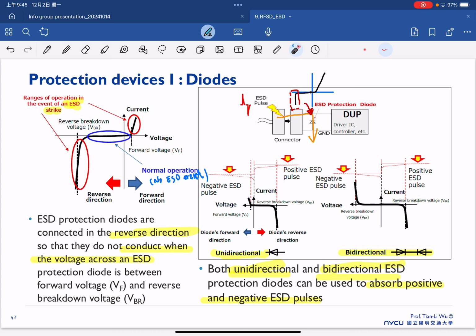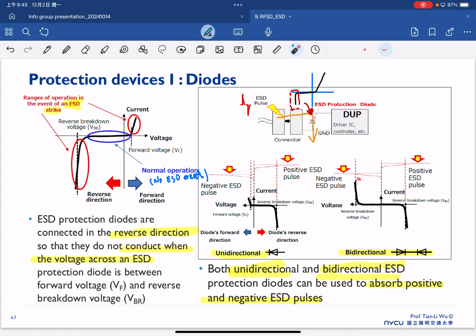But if we use a bidirectional one, we have two diodes connected with each other. That's what we call bidirectional. So we can make sure that our IV curve is very symmetric. That's good for either positive ESD or negative ESD, because we can always make sure that under the normal condition, the ESD protection device, the diode, won't turn on.